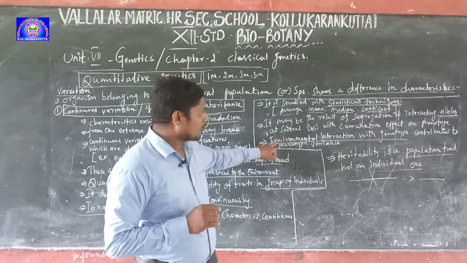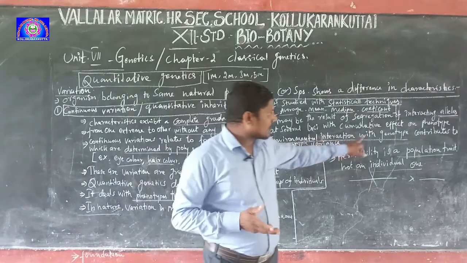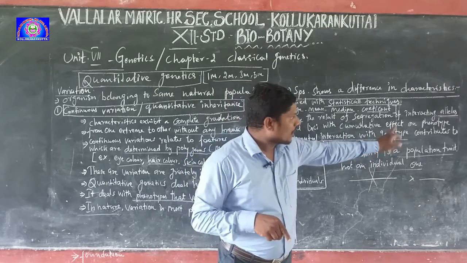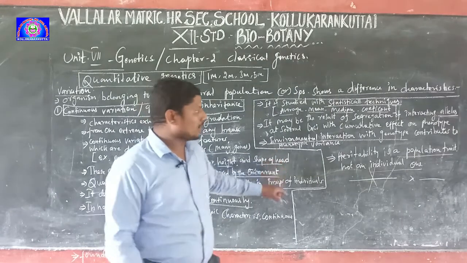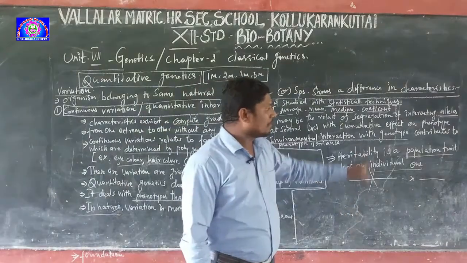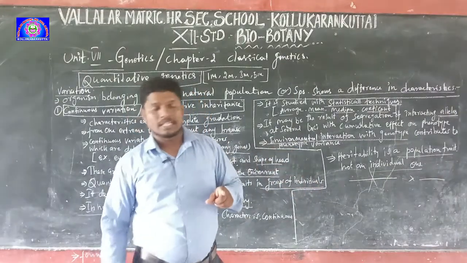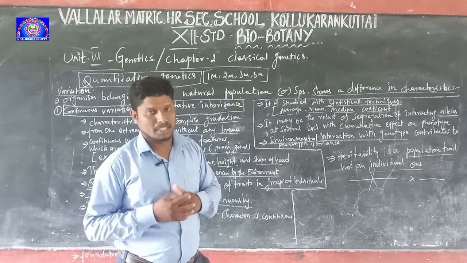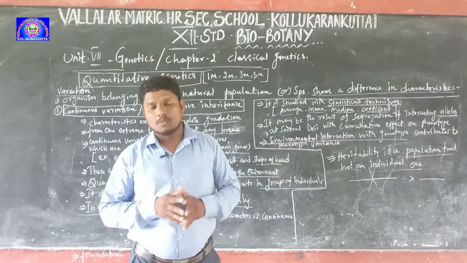The organismal genotype interacting with the environment contributes to phenotypic variation. Then the last one: heritability is a population trait, not an individual one. Heritability is a population trait, not an individual's.